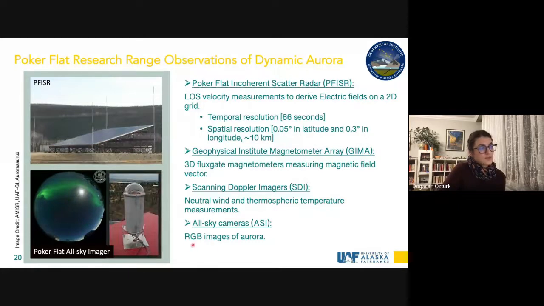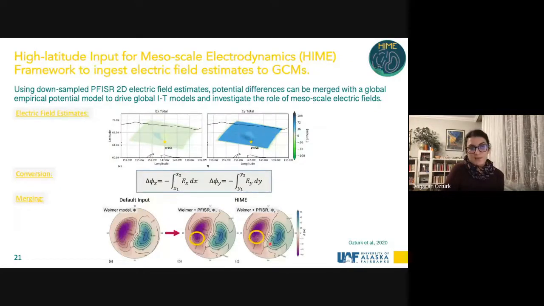And we have the all-sky cameras across different regions like Poker Flat and Venetie that help us classify different types of aurora.